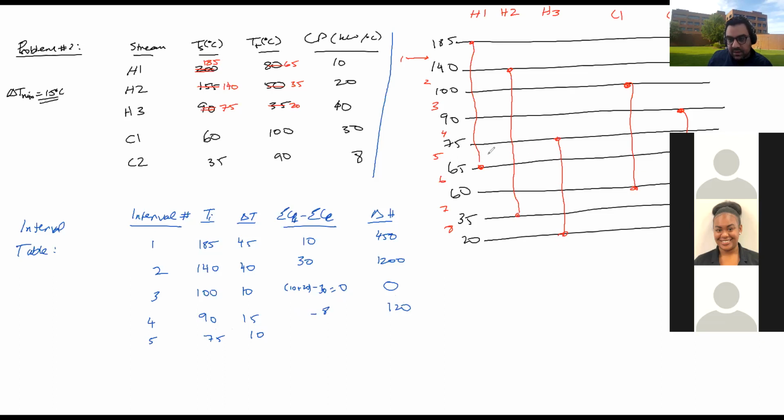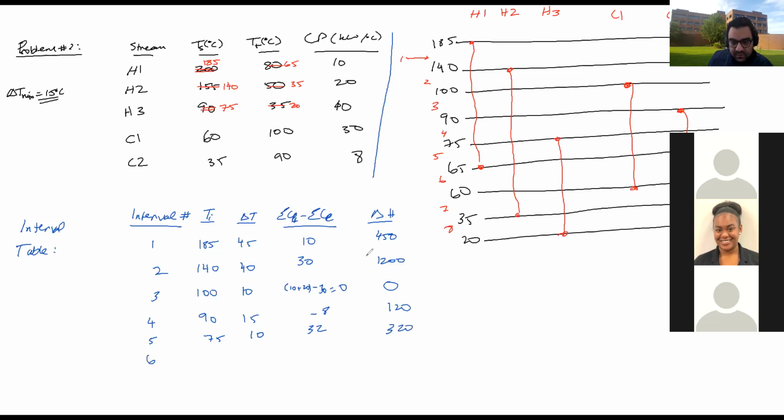Summation of Cp hot, I have all my hot streams and all my cold streams. So it will be 10 plus 20 plus 40 minus 30 minus 8. And this value is 32. And then my delta H will be 32 multiplied by 10, 320.